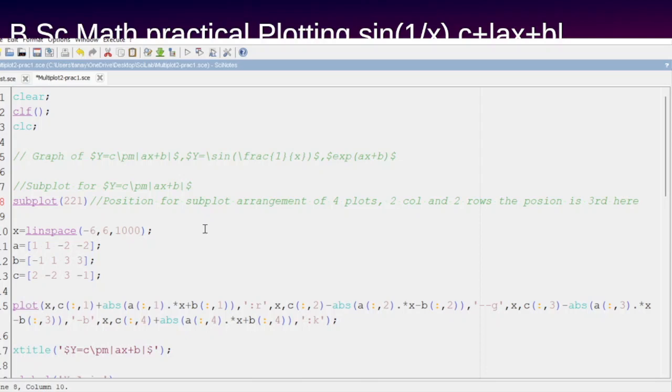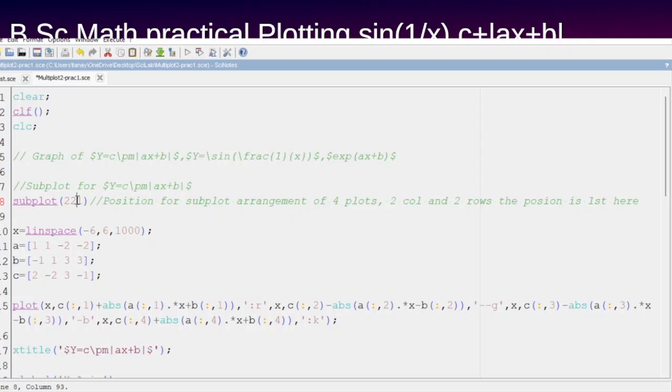The first block, which is your top left hand corner, will be your first subplot, and that is its position. Then your top right hand block will be your second position.